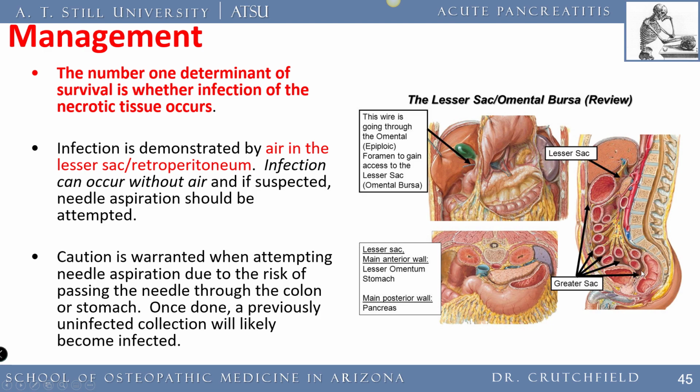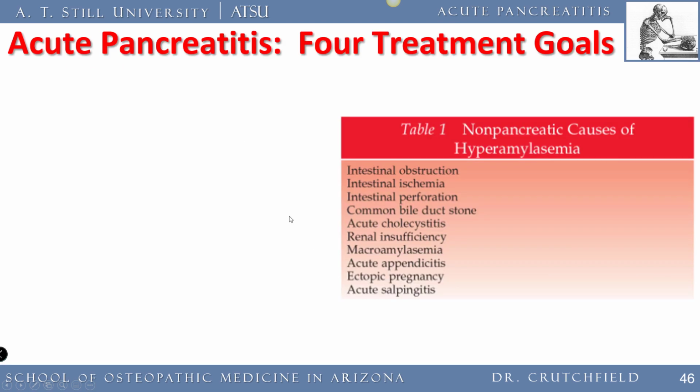Here, of course, the greater sac, also known as the peritoneal cavity, is located here by those arrows. So in this nice pretty picture here, we have stomach, lesser sac back here, of course, we have superior mesenteric vein, superior mesenteric artery, just a review of the anatomy.